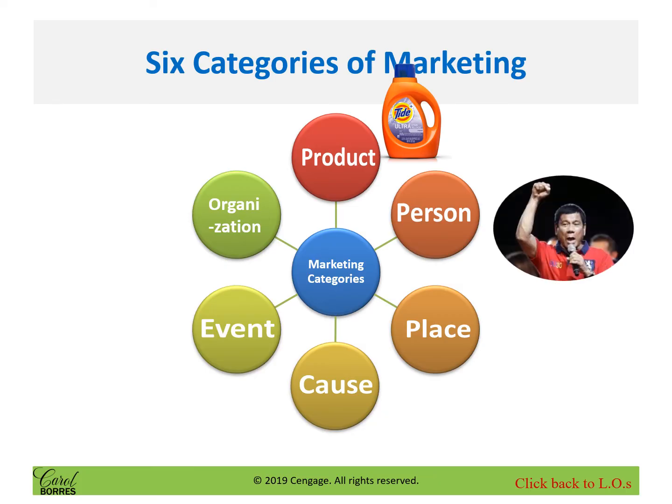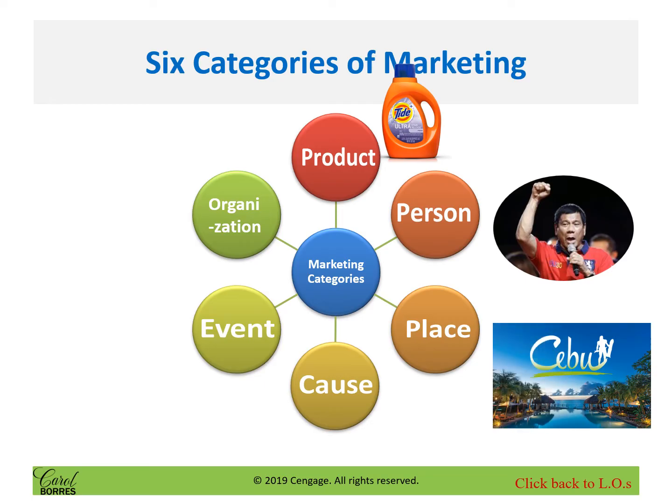Person marketing involves efforts designed to cultivate the attention and preferences of a target market toward a person. Example is marketing a candidate for an election. Place marketing, which are efforts designed to attract visitors to a particular area or improve images of a city, state, or nation and attract new businesses.